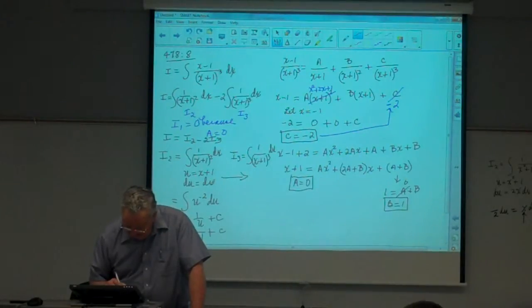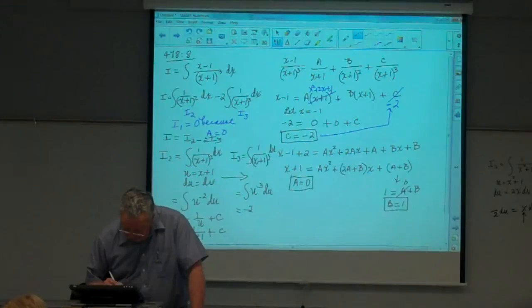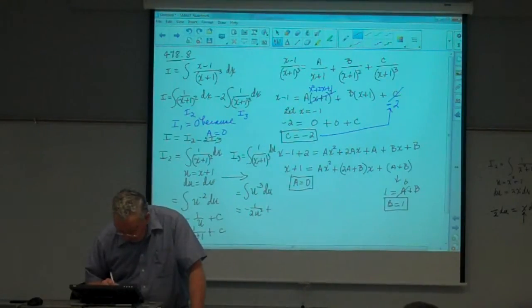So I have then I3 is equal to the integral of u to the minus 3 du, which is equal to minus 1 over 2u squared plus c, which is equal to minus 1 over 2 times x plus 1 squared plus c.